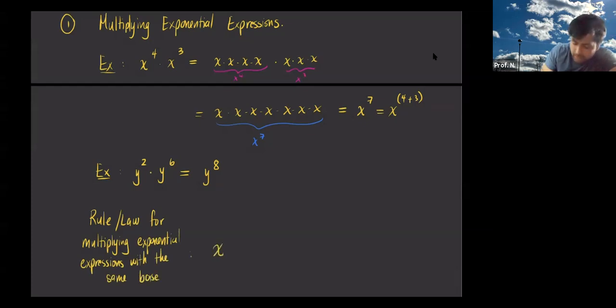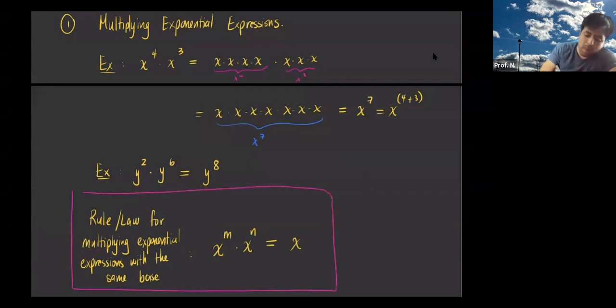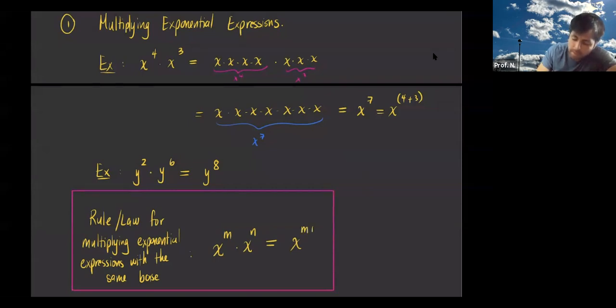If I have x raised to some power m times x raised to some other power n, what's going to be the rule? Keep the base the same and add the exponents: x to the m plus n. That's the rule.